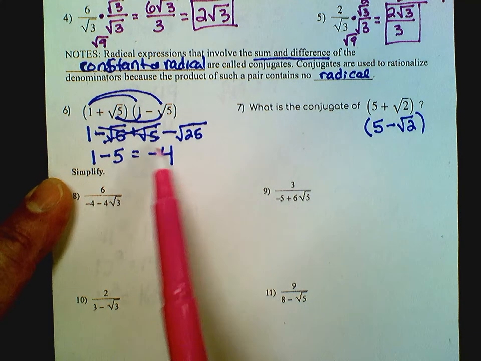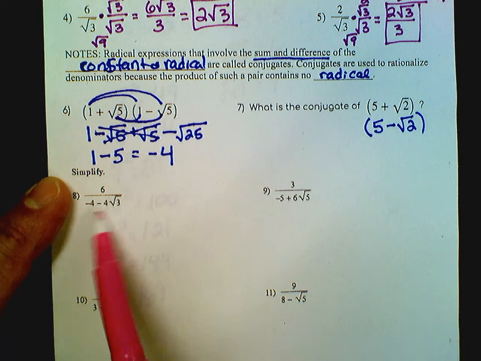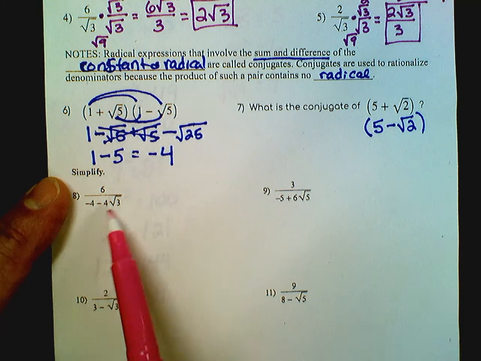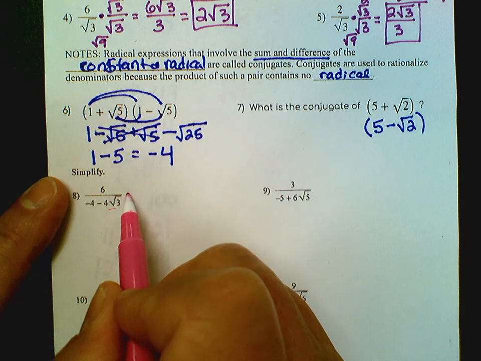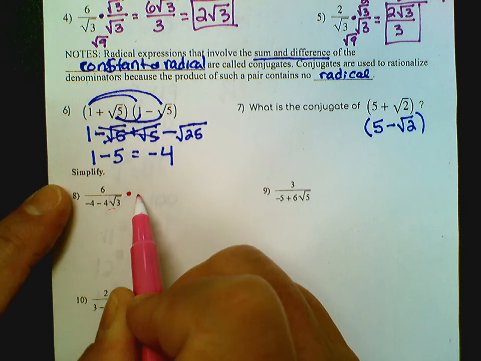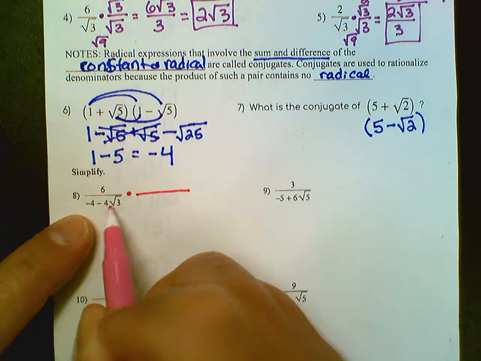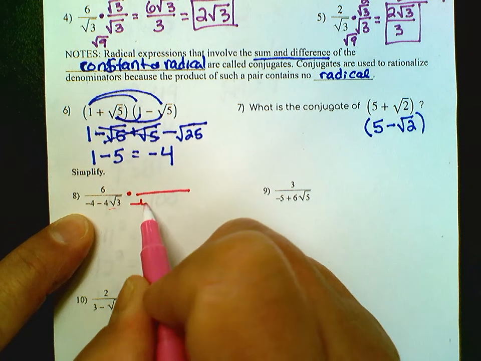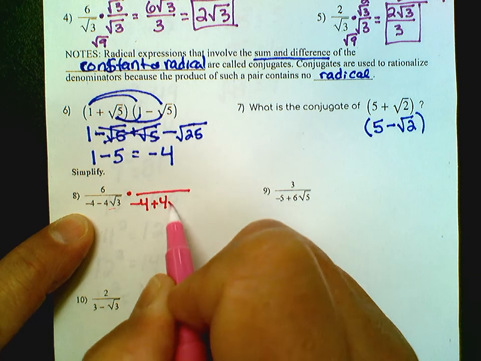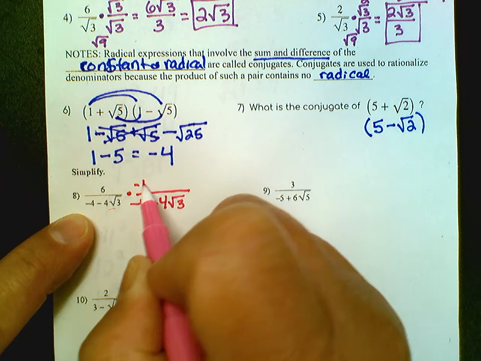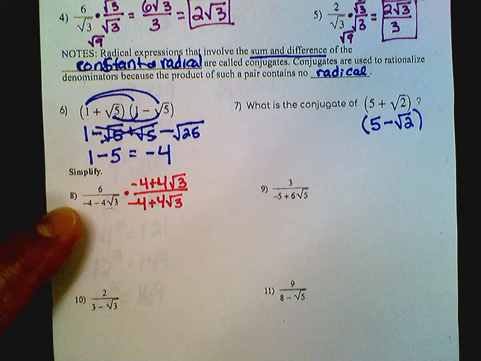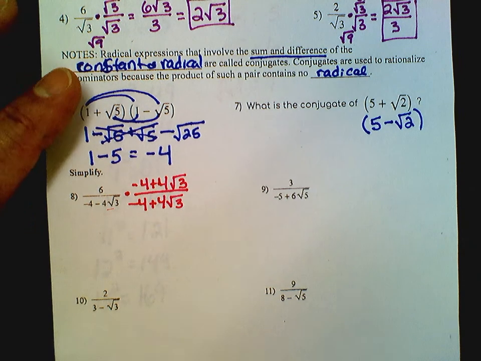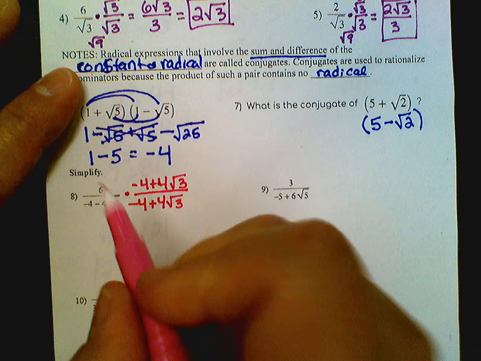So we can use this to rationalize the denominator when we have a denominator with two parts. So if I multiply this one by negative 4 plus 4 times the square root of 3, this is what happens.